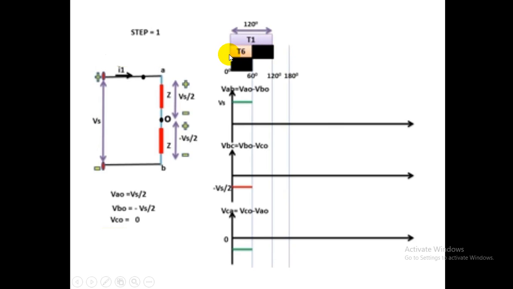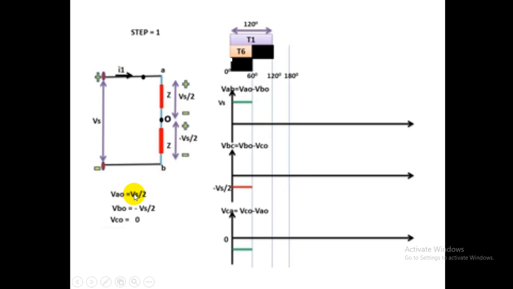And T6 is already conducted for the first 60 degrees. Now it is conducting for the next 60 degrees of its operation. In this duration, the line voltage is the combination of both phase voltages, that is VAB is equal to VAO minus VBO. We just calculate like that.